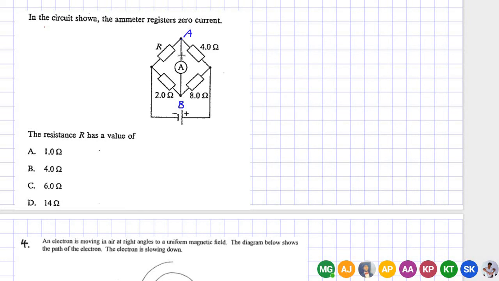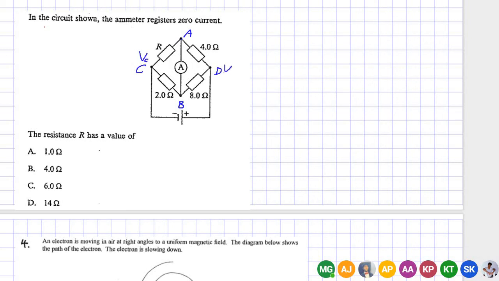The resistance R has a value of how much, they're asking. So let's start with labeling this as point B, okay, this is already B. Let's label this C, and let's label this D. Potential at C, let us call it VC.